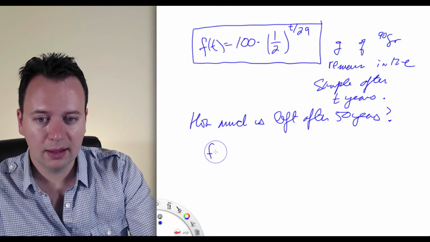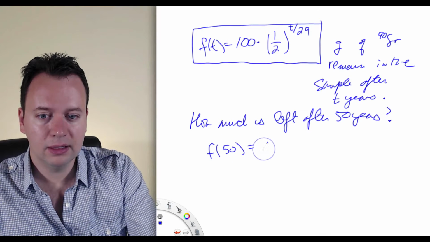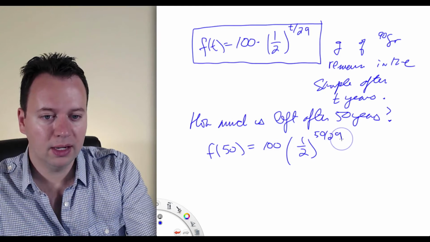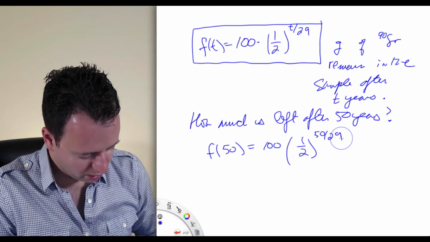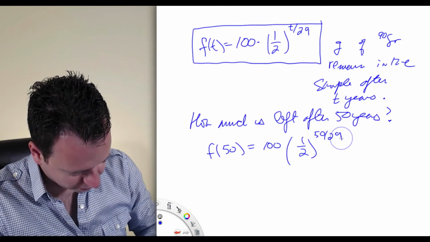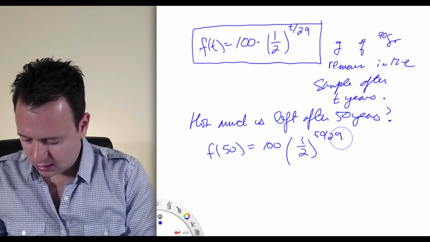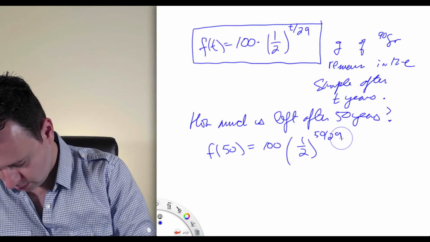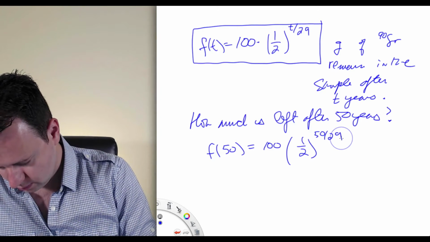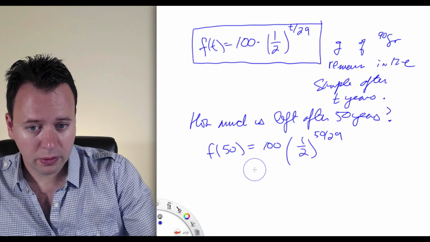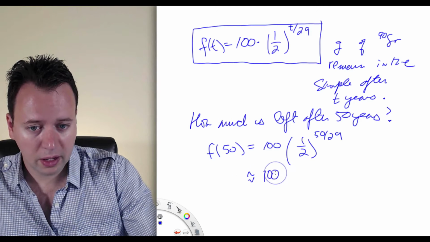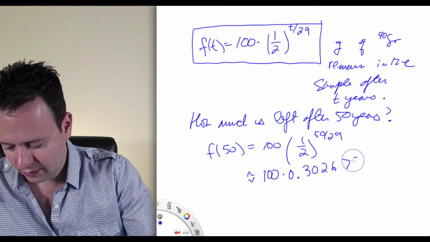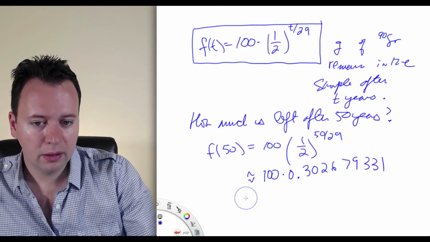Now let's see what we get. So f of 50 is equal to 100 times 1/2 to the 50 over 29. So 1/2 to the power 50 over 29 is approximately 0.302679331.